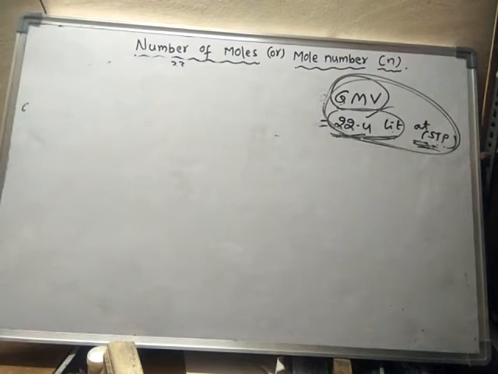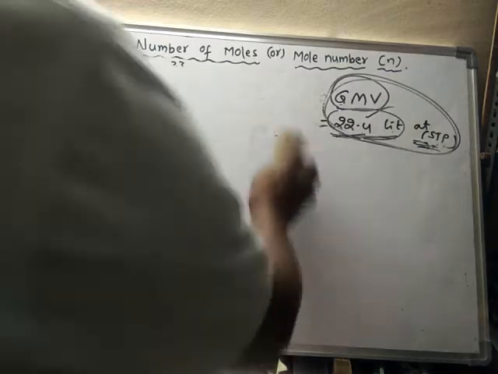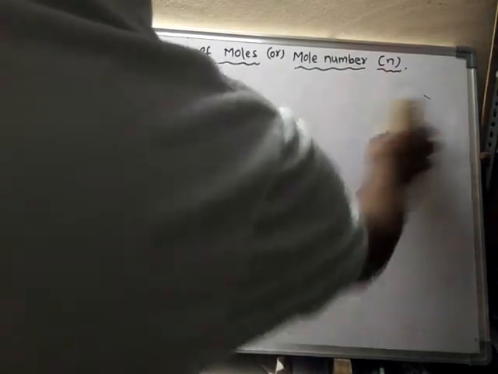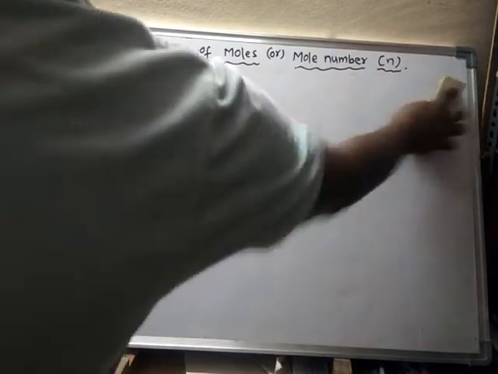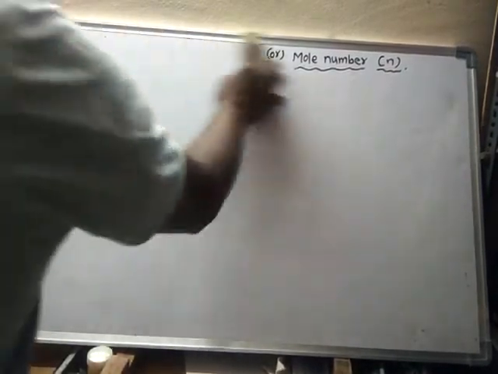We can determine the relationship between gram molecular mass and gram molar volume. We can determine the molecular formula of a gas. So these are several applications, and we will learn them in detail. The first application of Avogadro's law is determination of atomicity of a gas.